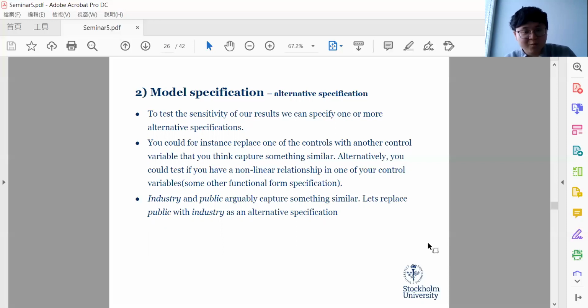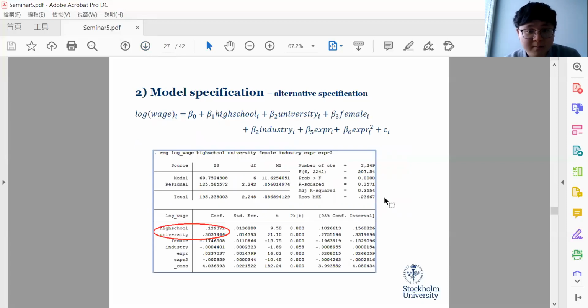Here we use industry, for example, because we think industry and public capture something similar, as they are both related to industrial structure and the occupation where the individuals work. So we replace public with industry as an alternative specification. You can see that it did not affect the results of our main variables that much.